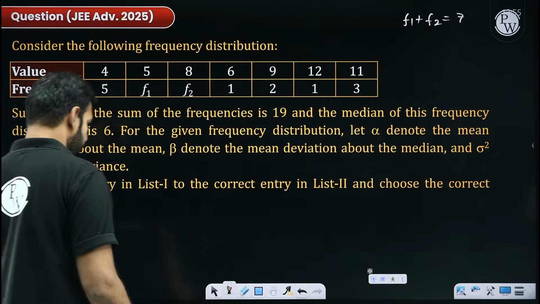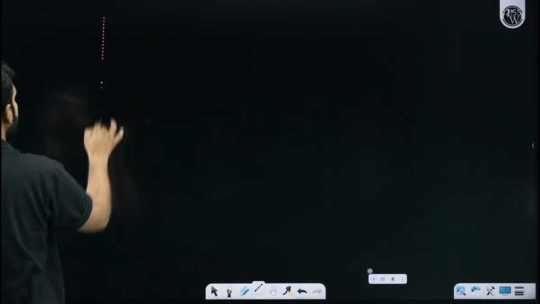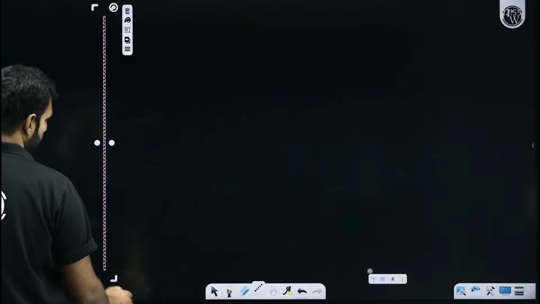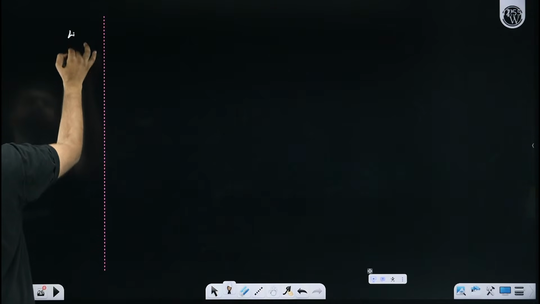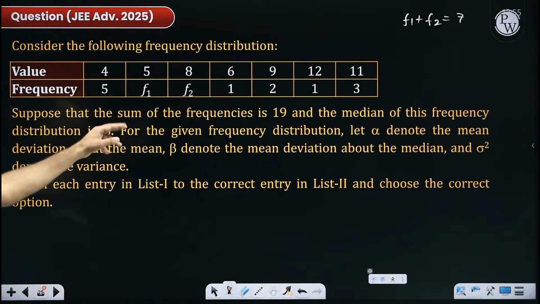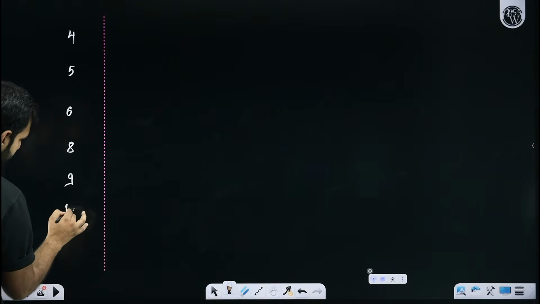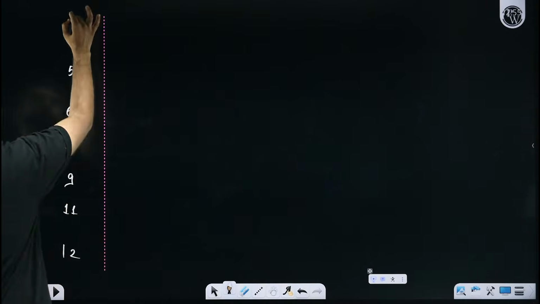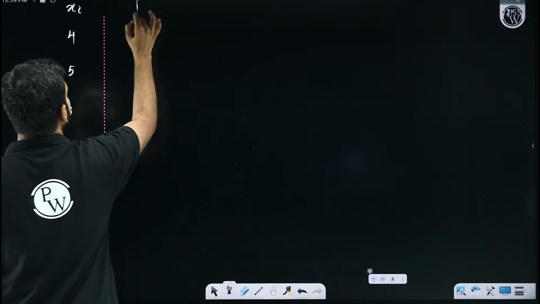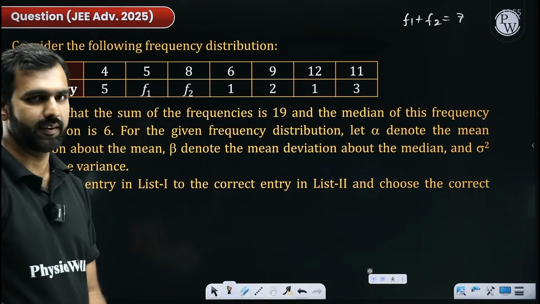I'm writing all these xi in ascending order. Everyone comfortable with that? Now I'll talk about fi, the frequencies.